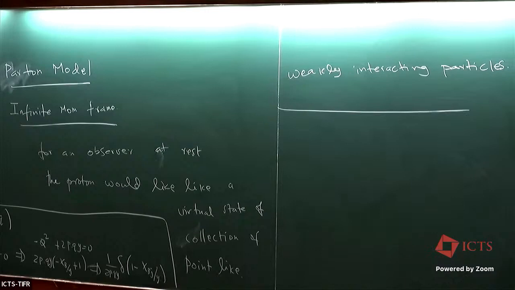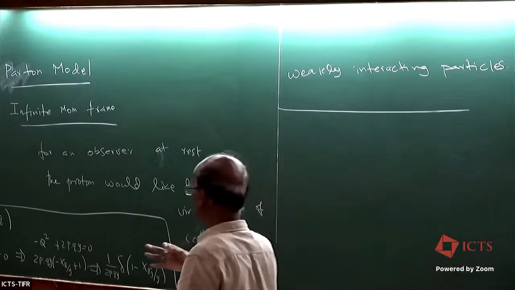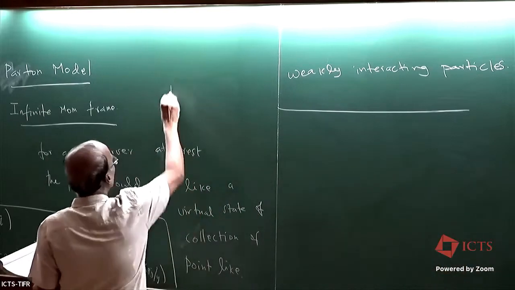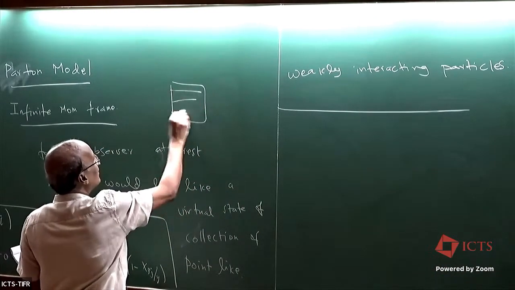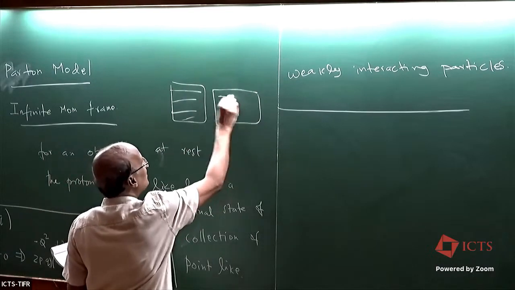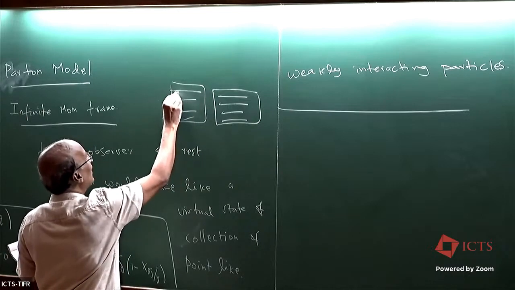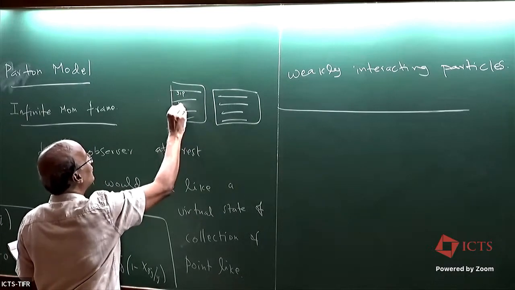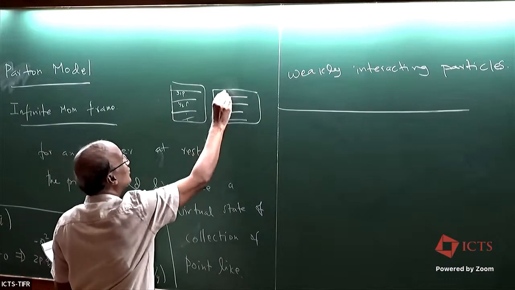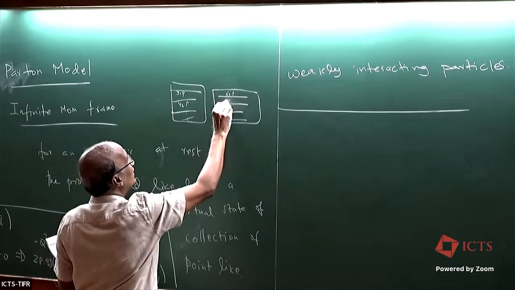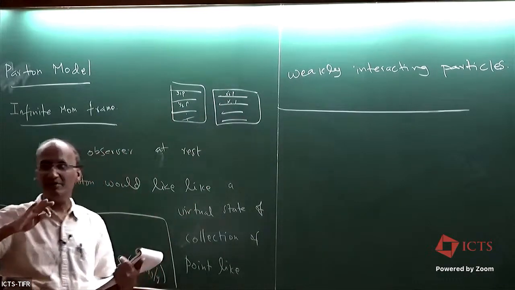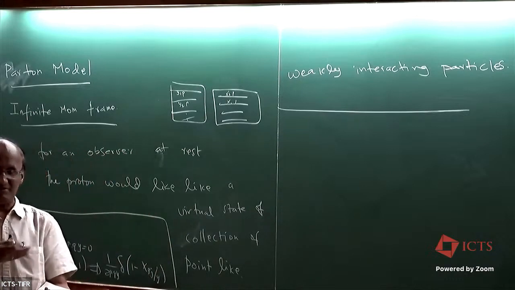You don't need to think of this as a virtual state. It is like snapshots where there is a bunch of partons, and in another snapshot there is another bunch of partons. Here the distribution will be y1p, y2p, etc. Here it could be x1p, x2p, just like snapshots. I call them some states.